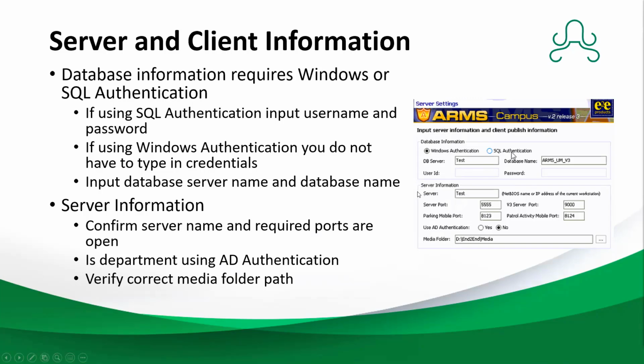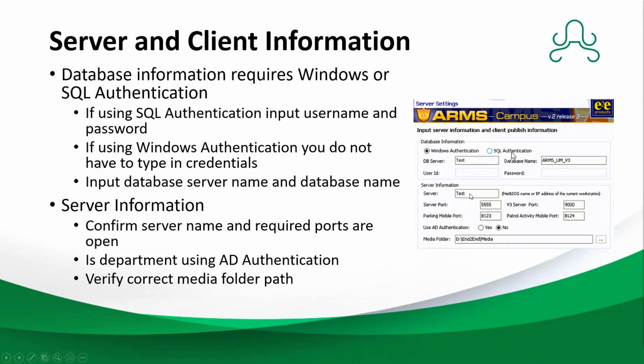So when you finish that, you'll go down to server information, and these ports are already listed in the requirement documentation that you reviewed at the very beginning. So just confirm that those are open and listed in those text boxes, and then you want to verify your server name.